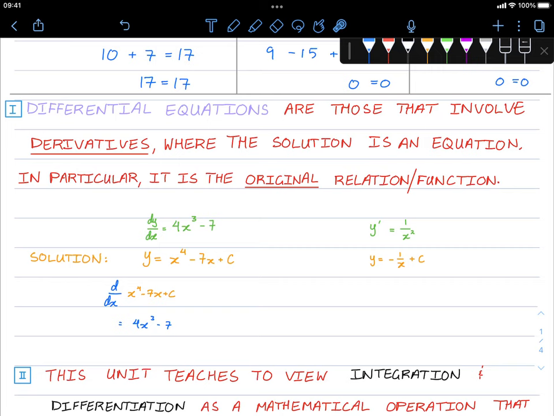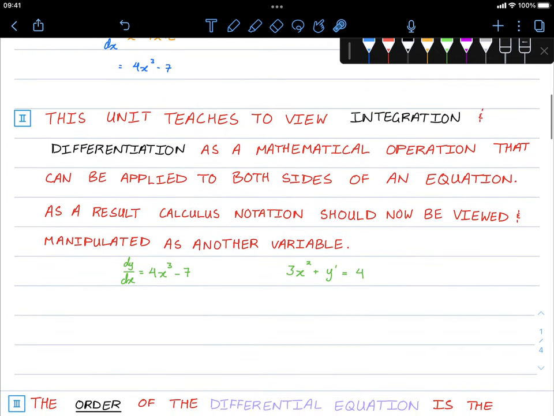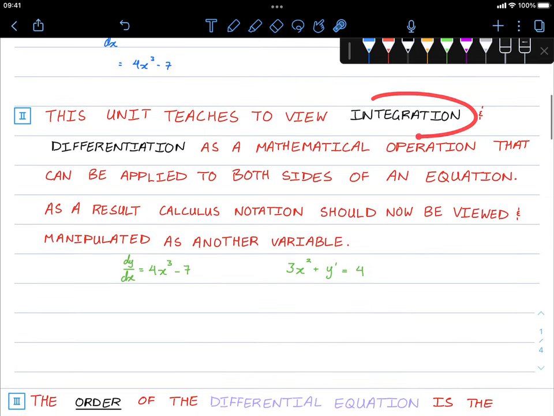The second point is that we view integration and differentiation as a mathematical operation that can be applied to both sides of an equation.